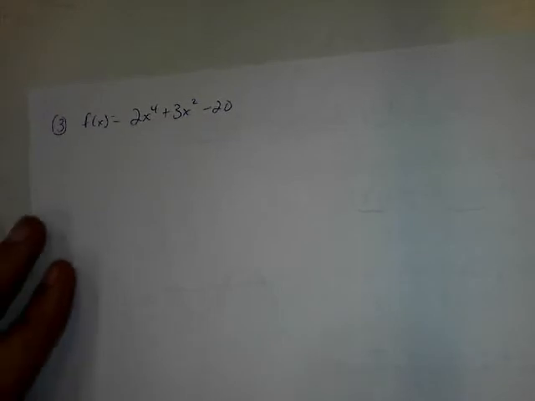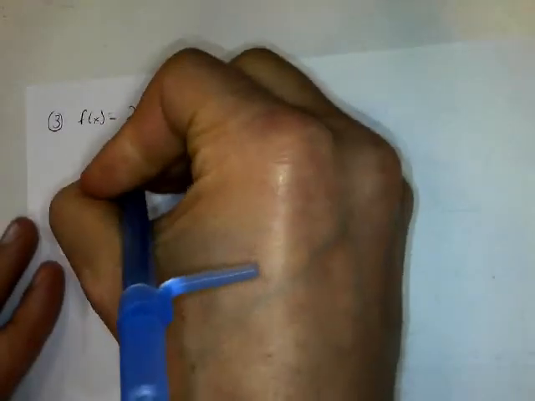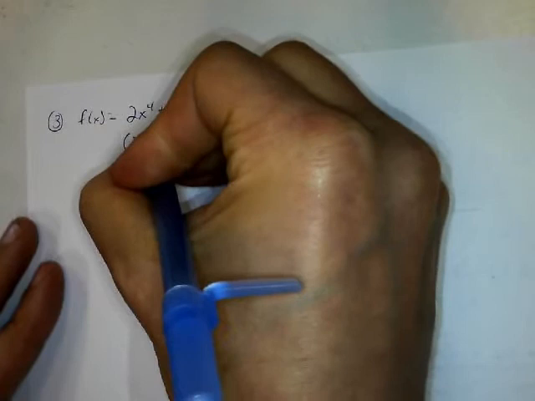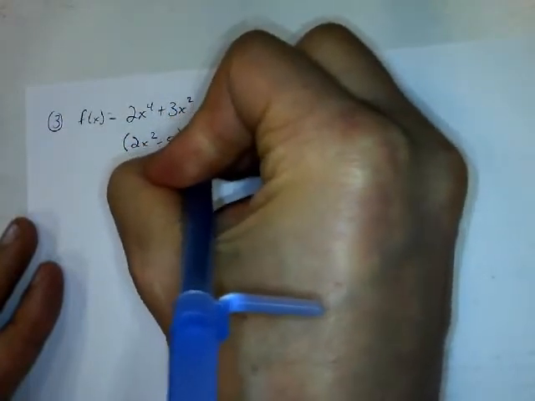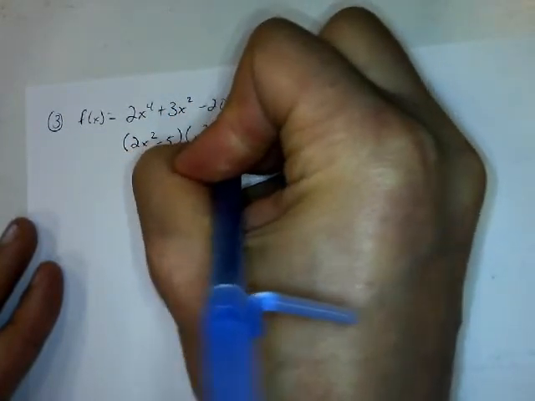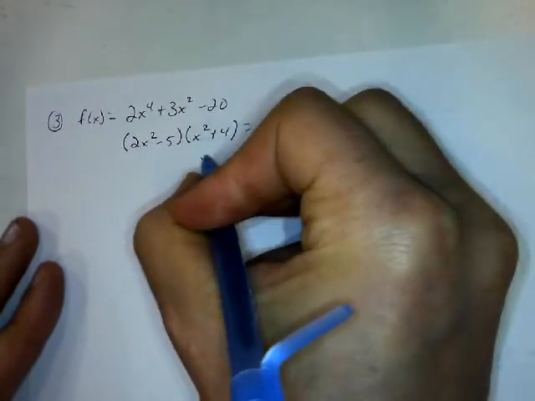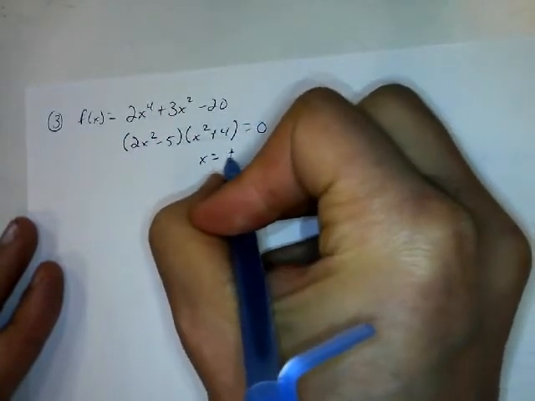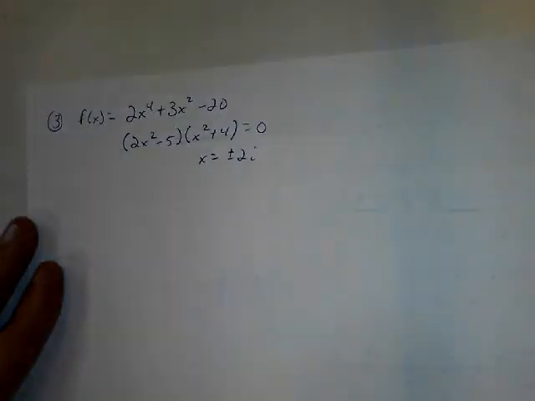So the final 2 problems, first one is similar to the last one. If we factor this again, now I'm going to jump right into it. You get 2x squared minus 5 times x squared plus 4 equals 0. Again, we get x equals plus or minus 2i on this one.